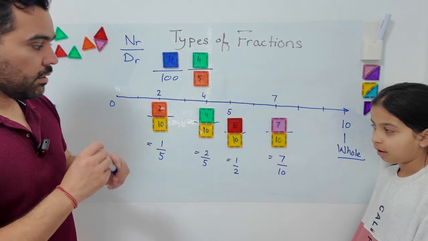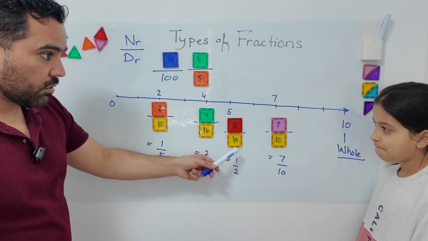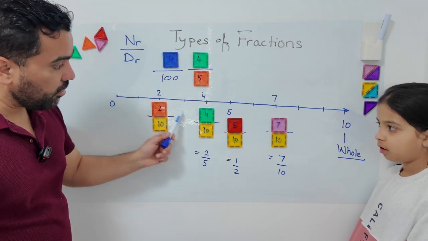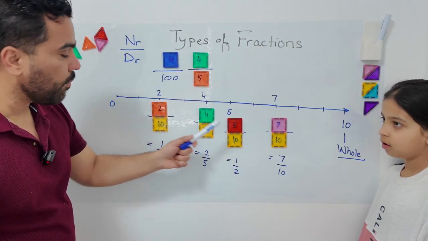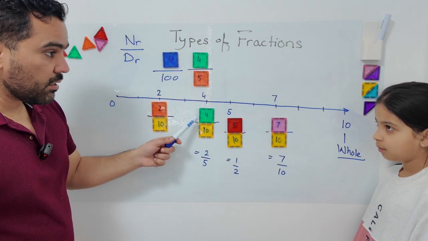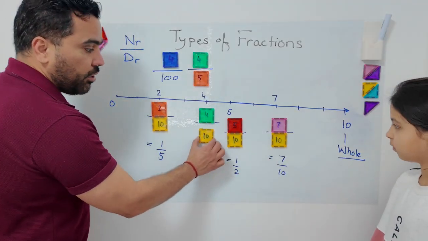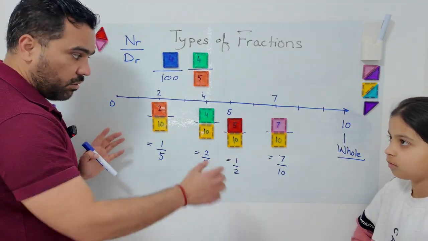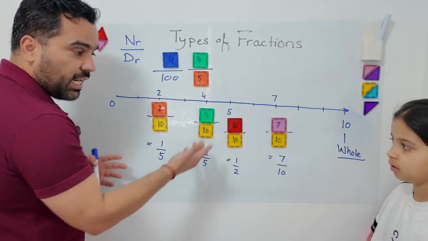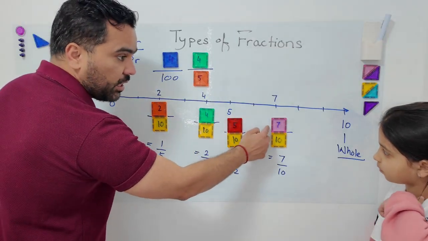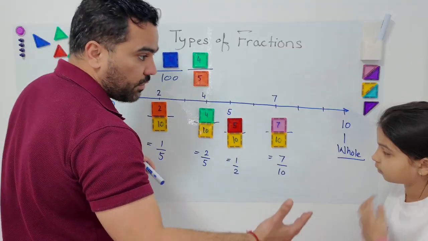If the denominator is constant, you have to compare the numerators. The bigger the numerator is, your fraction is approaching towards whole, because you have divided your whole thing into that many equal parts, 10 equal parts in this case, and with each increasing numerator, I'm giving you more of that fraction.